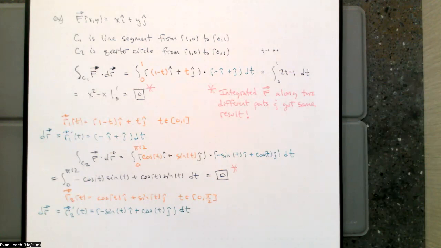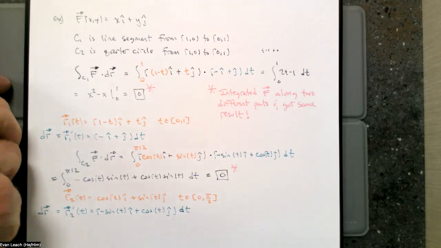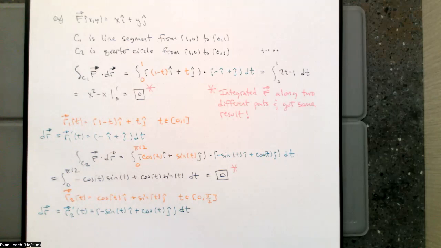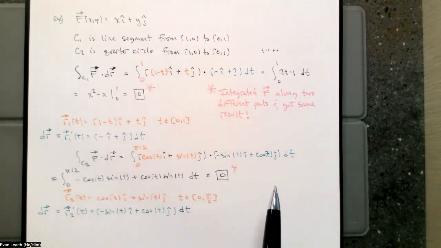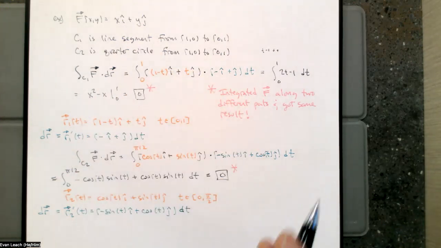So the reason that this happened is that this vector field xi plus yj is path independent. It's a gradient field. So the vector field f, xi plus yj, is path independent, or we say conservative, or we say it's a gradient field.